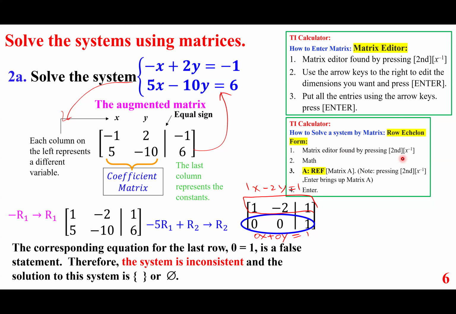Again, you find in the same manner. Then you click on math. Then REF matrix A, by pressing second x to the power -1, enter, bring up matrix A and enter. So notice matrix A, you make it the dimension that you want, 2 by 3, and you put the entry.